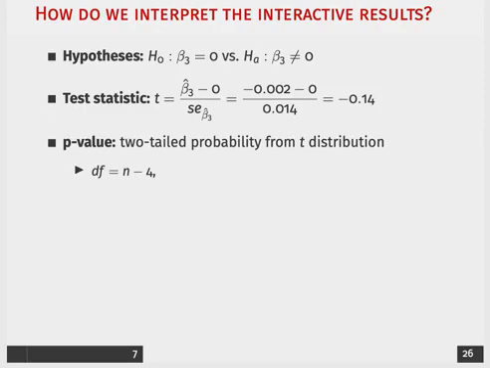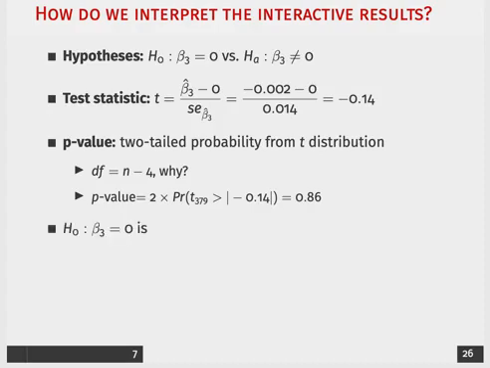Now, in order to access the t-distribution, we have to remember what our degrees of freedom are: n minus 4. Why is it n minus 4? Well, it's n minus k minus 1, and we now have 3 estimated coefficients with the addition of our interaction between party ID and age. When we calculate our p-value, we get approximately 0.86.